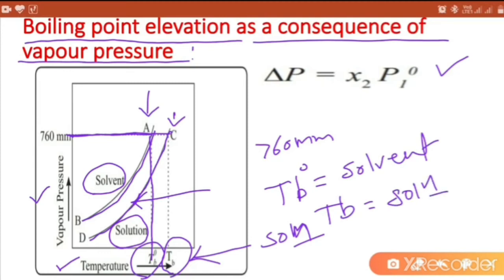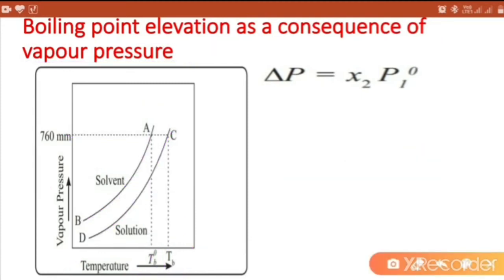From the diagram it is clear that TB is greater than TB0, which means the boiling point of solution is more than the boiling point of solvent.